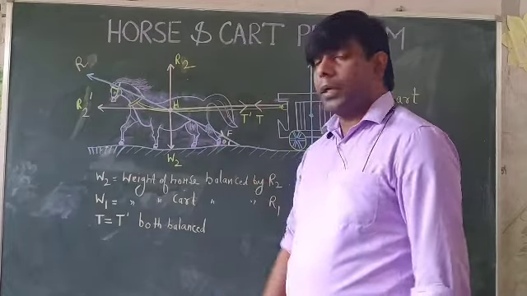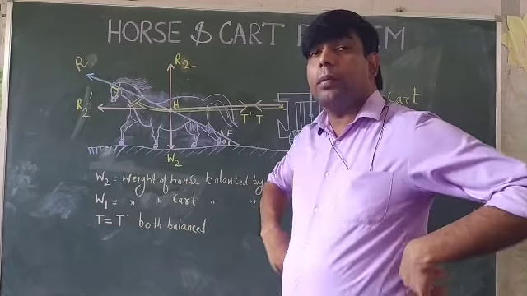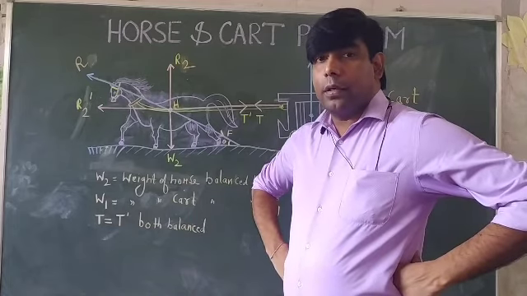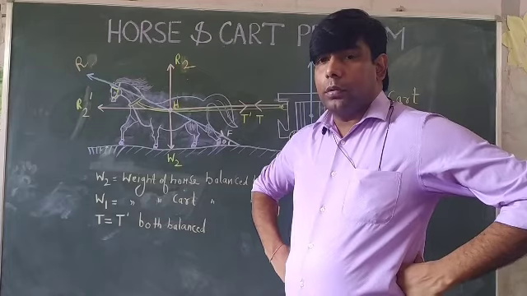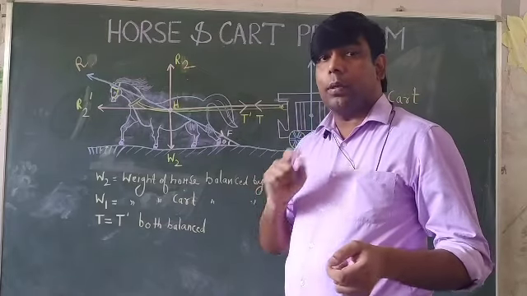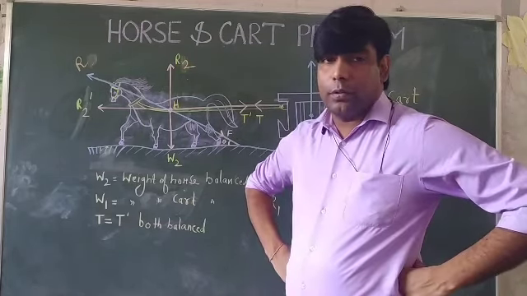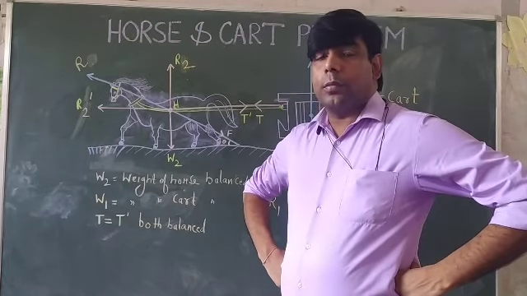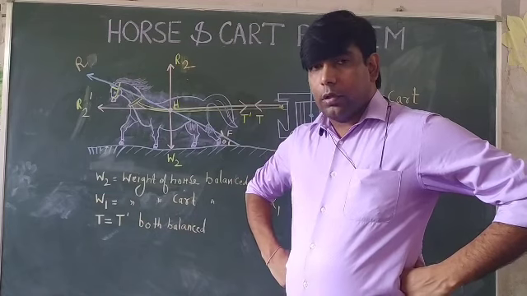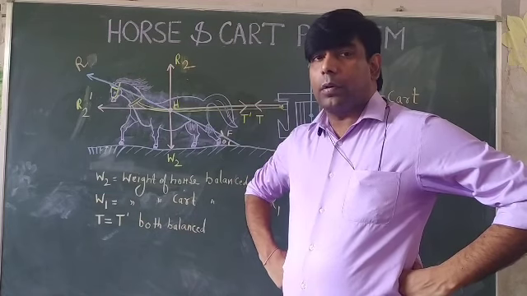This means we will use trigonometry. For example, you are given 50 rupees and told to divide it into two equal parts. You will take the help of mathematics, that is, you will divide into 25 and 25. Or you are given 100 rupees and told to divide it into 4 or 5 equal parts.